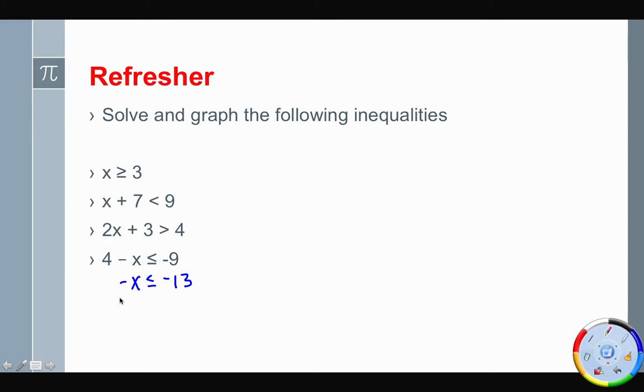One of your rules that you had to remember is that if you divide by a negative number or multiply both sides by a negative number, you must flip the inequality sign. So rather than having less than, this now becomes greater than or equal to positive 13.